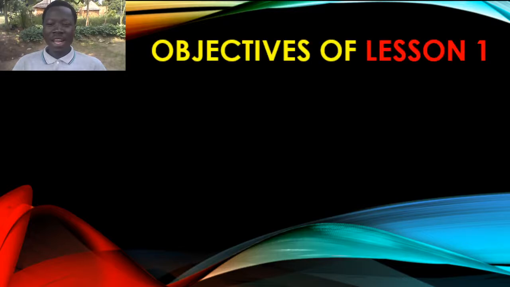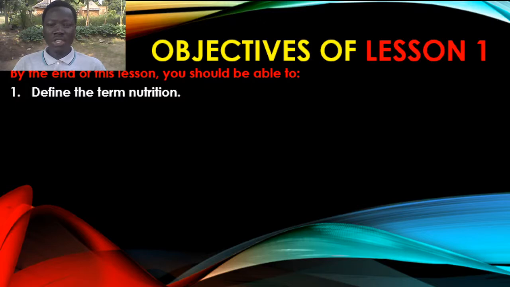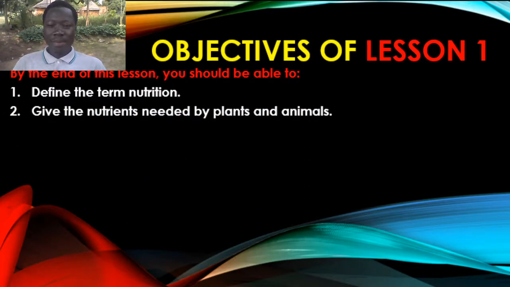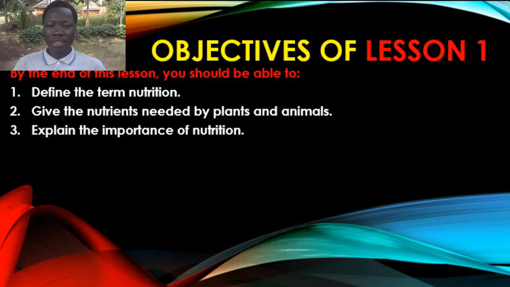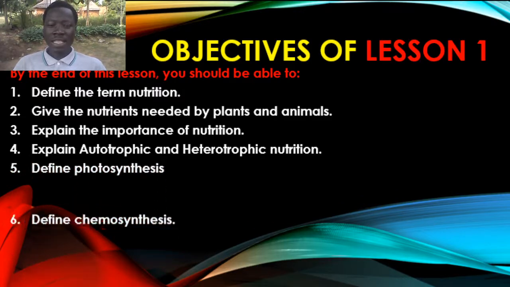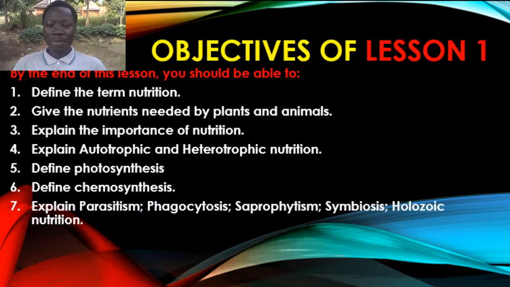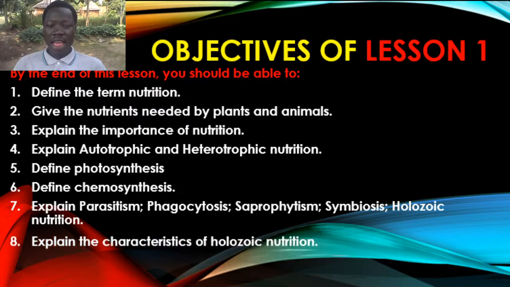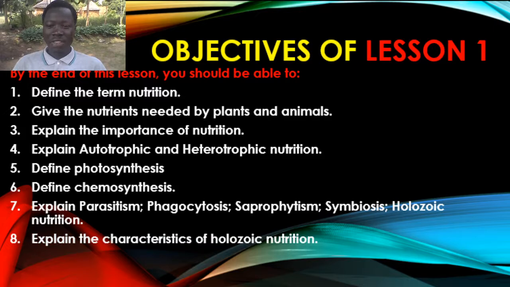When I talk about introduction to nutrition, there are key objectives that you must be able to keep in your head, such that by the end of the lesson, you should be able to define the term nutrition, give the nutrients needed by plants and animals, explain the importance of nutrition, explain the autotrophic nutrition and heterotrophic nutrition, define photosynthesis, define chemosynthesis, explain parasitism, phagocytosis, saprophytism, symbiosis, holozoic nutrition, and then should be able to explain the characteristics of this holozoic nutrition.